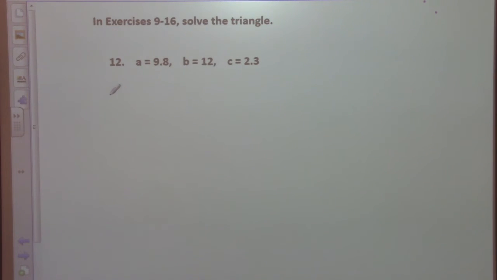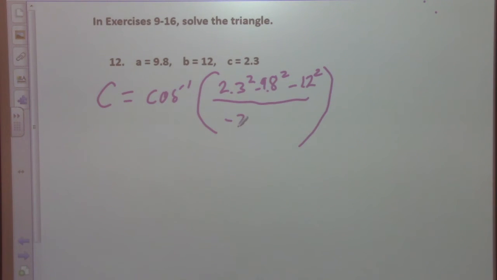Inverse cosine. So C equals inverse cosine of 2.3 squared, 9.8 squared... Okay, so C is going to be equal to 3.545 degrees. Then using law of sines, you took the next biggest angle, is that what you did?